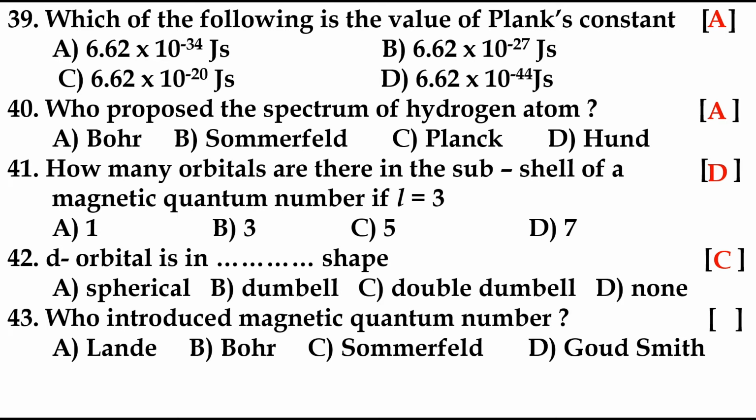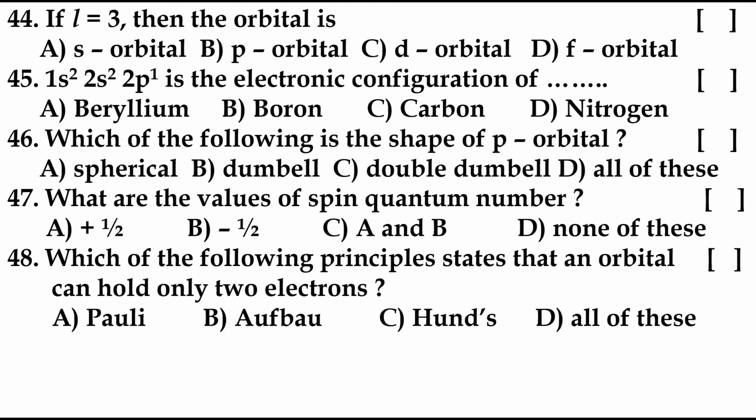43. Who introduced magnetic quantum number? A. Landé, B. Bohr, C. Sommerfeld, D. Goudsmit. Answer is option A, Landé. 44. If l is equal to 3, then the orbital is dash.